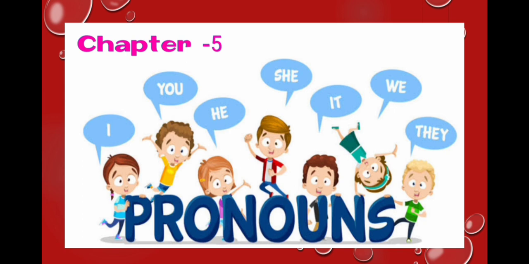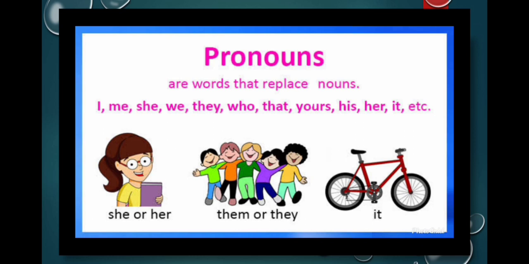So tell me, what are the words which you use in place of noun? Pronouns are the words which we use in place of nouns. Now we are going to discuss in detail. Pronouns are words that replace nouns. The word pronoun itself says pronoun, that means something which comes in place of nouns or for nouns.